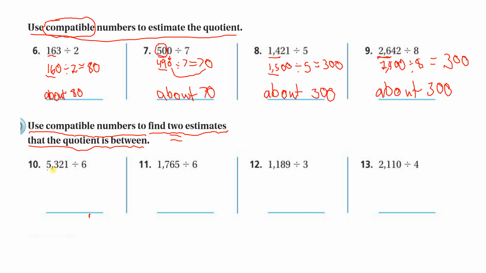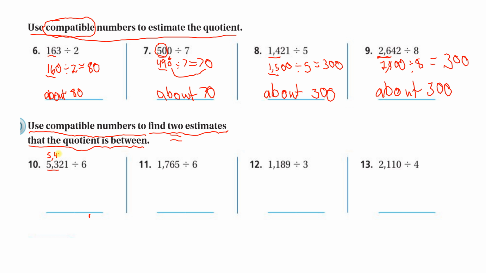So again, I focus on the first two numbers, in this case 53 divided by 6. So if I'm counting by my sixes, I know I can count 6, 12, 18, but I'm going to jump ahead a little bit. I know 6 times 9 is 54, and is 54 less than 53 or more than 53? Yeah, it's more than 53, 54 would be.